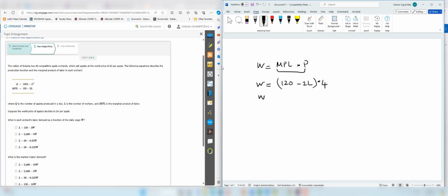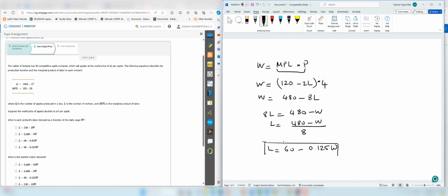And we are going to solve this equation. 120 times 4 is 480 minus 8L, and 8L is equal to 480 minus W. L is equal to (480 minus W) divided by 8, which is L equals 60 minus 0.125W. So this is the firm's demand function for labor.